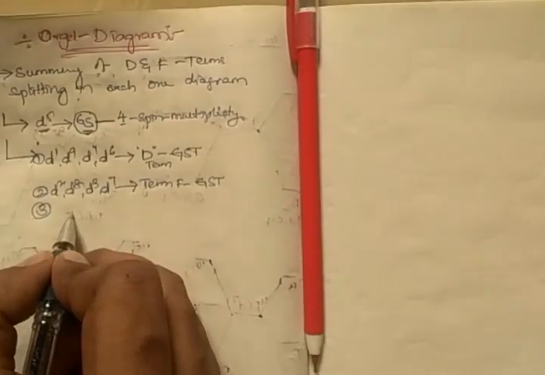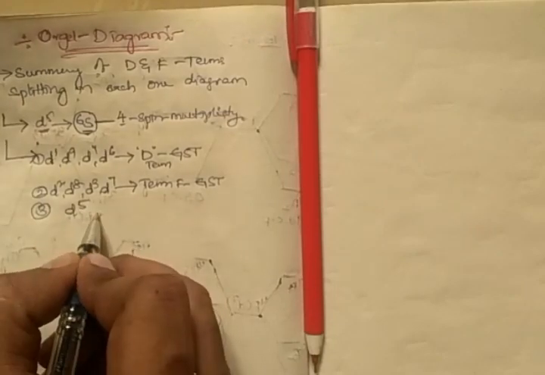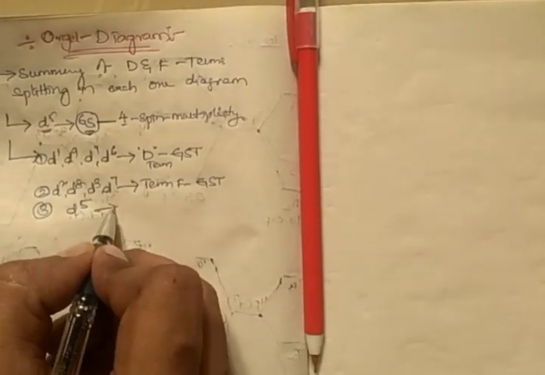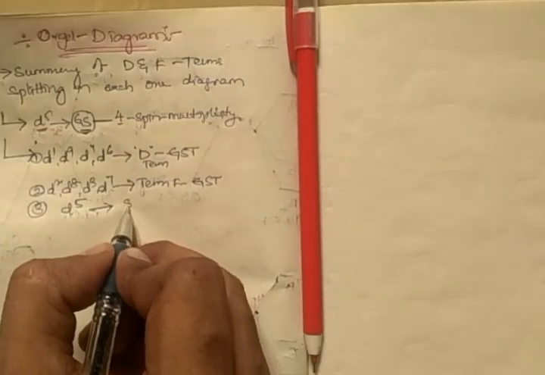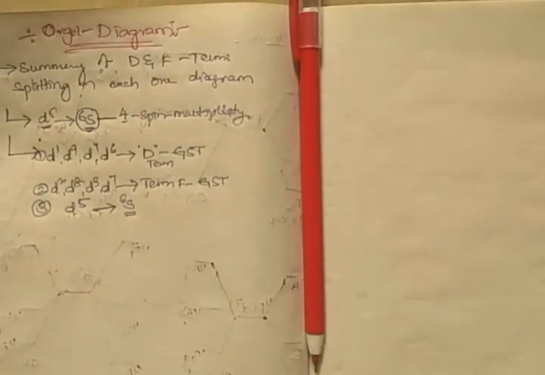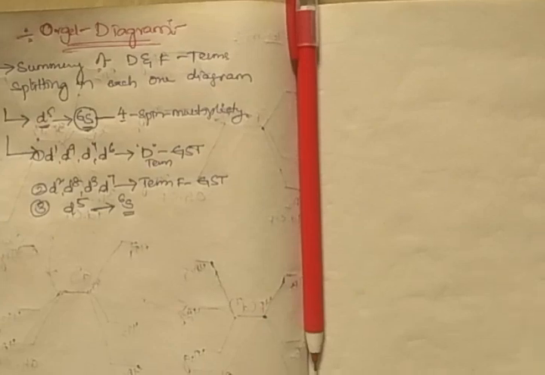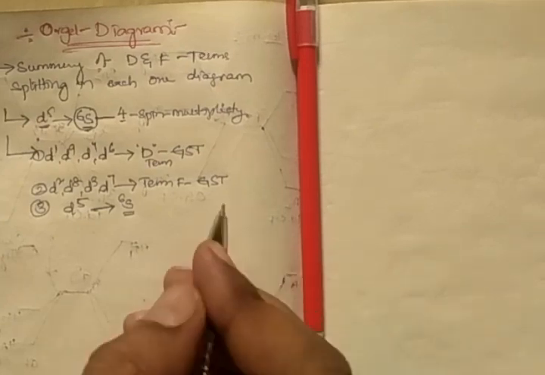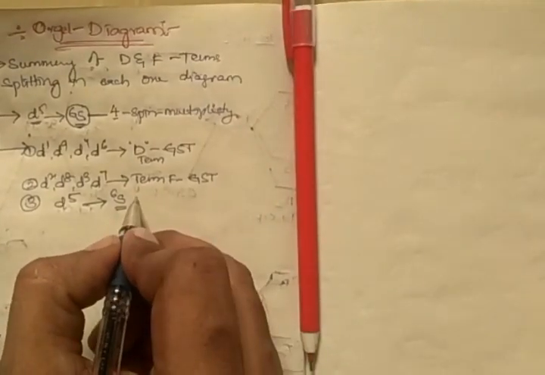And he also has another special group for the d5 electronic configuration, where the ground state term is 6S, but in extension of 6S he also explains the next higher energy levels.